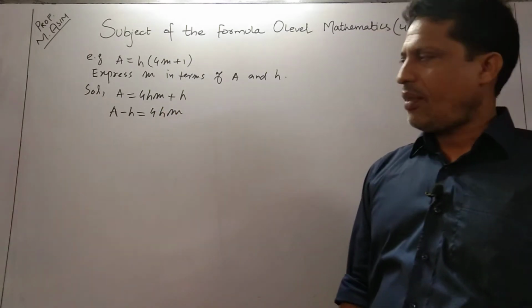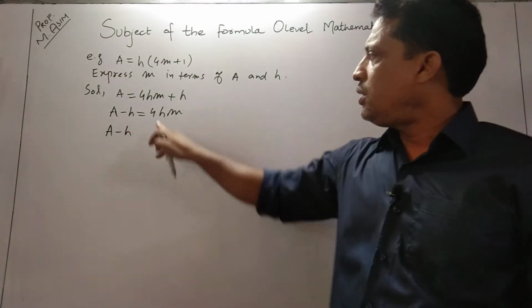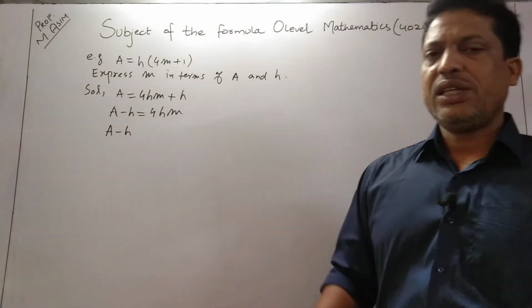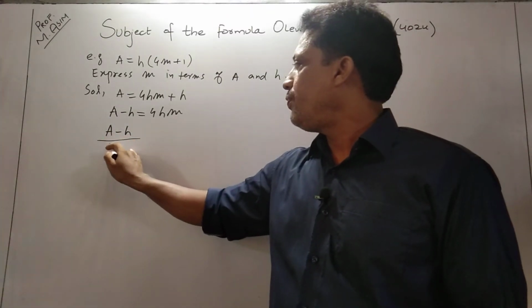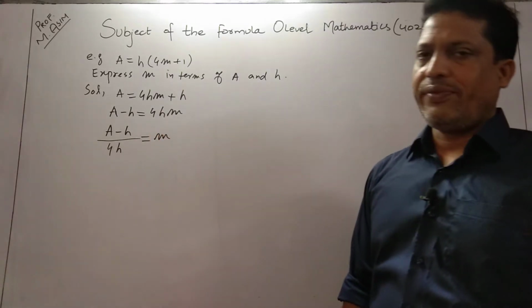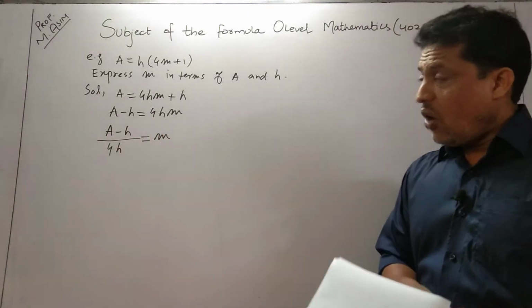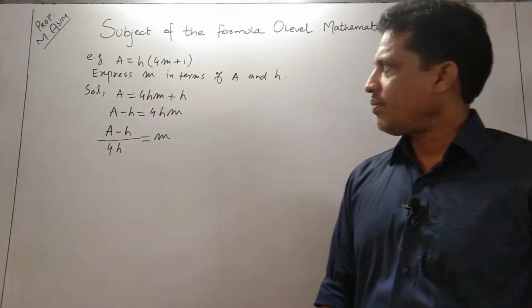A minus h is equals to 4hm. This 4h is multiplied, so it should divide on other side. (A minus h) upon 4h is equals to m.